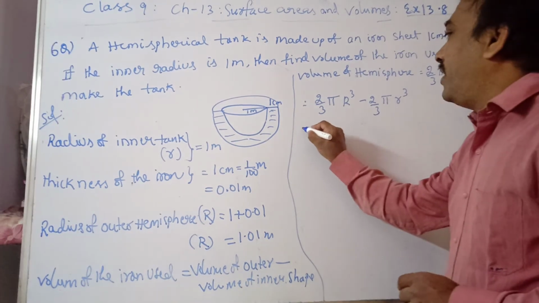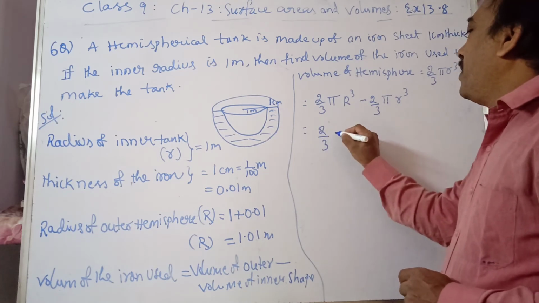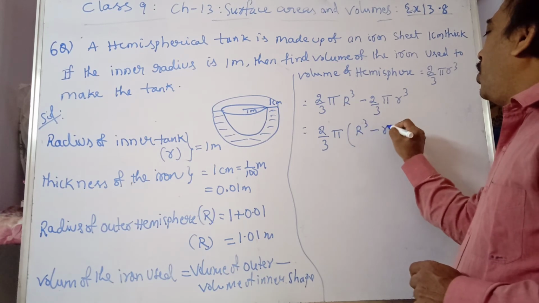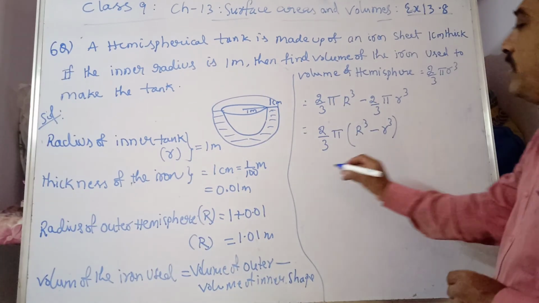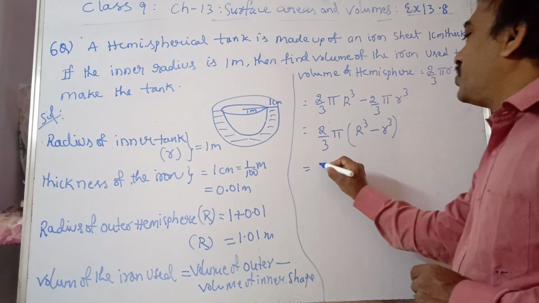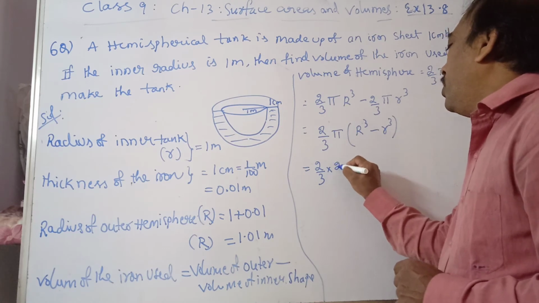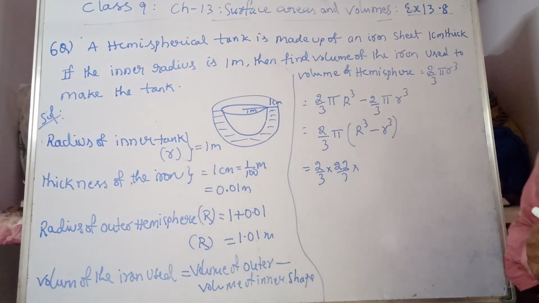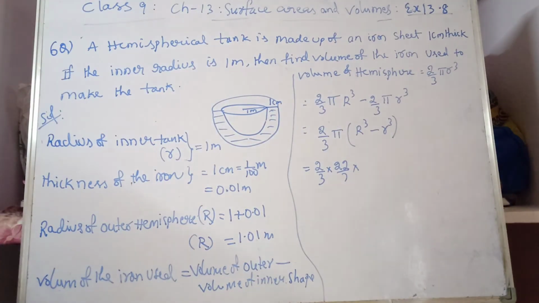Now you check it here. 2 by 3 pi is common in both. So take 2 by 3 pi out as common: big R cube minus small r cube, which is equal to 2 by 3 into 22 by 7 into... Check once whether they gave in the question 22 by 7 or 3.14 to use.